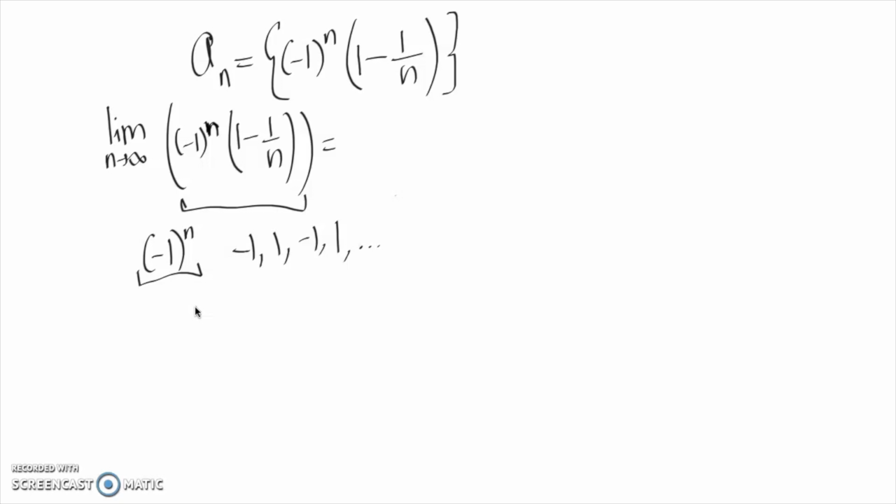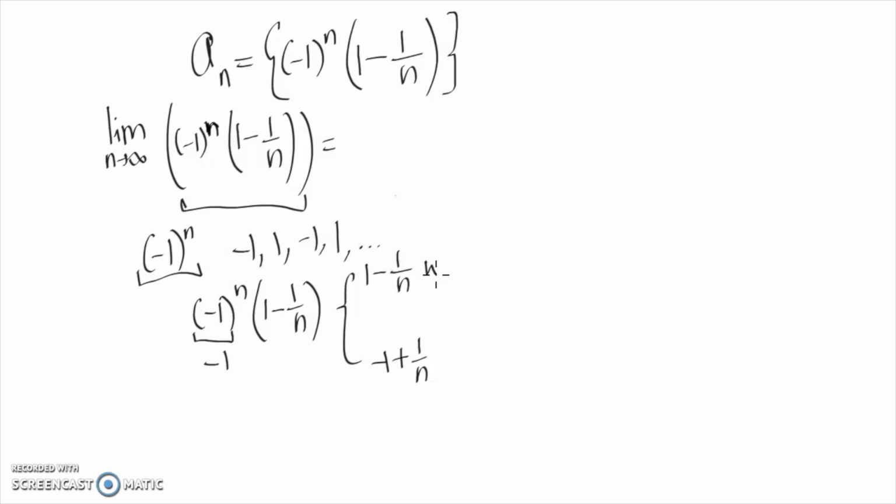Okay, so we have to understand. When n is an even number, then this will equal 1, and 1 times (1 minus 1 over n) is actually just 1 minus 1 over n. But when n is an odd number, then this will become minus 1, because minus 1 to the power of 3 is minus 1. So minus 1 times this term right here is minus 1 plus 1 over n.